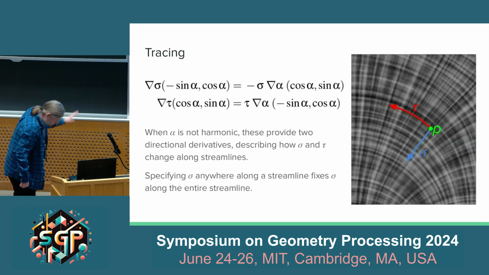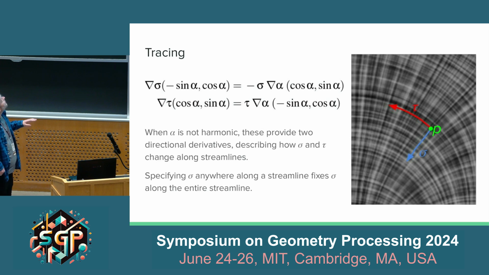So to drill down just a little bit more, starting at some point P, if we move along the direction of alpha, we see tau is making that change. The directional derivative here says that the gradient of tau is changing as we move in that direction. But as we're moving along alpha, it doesn't say how sigma is changing.